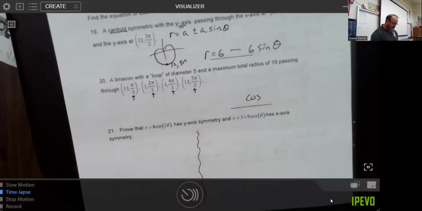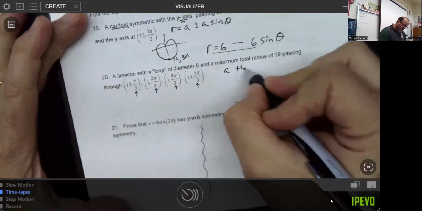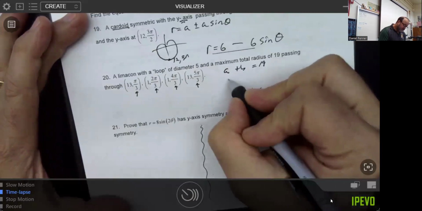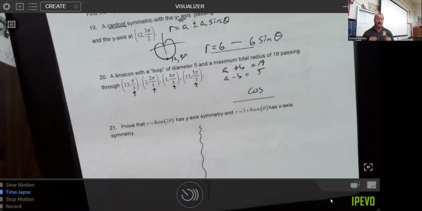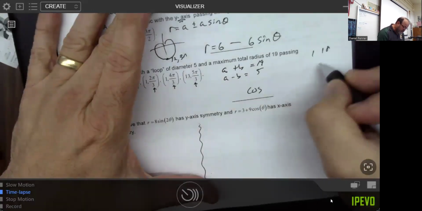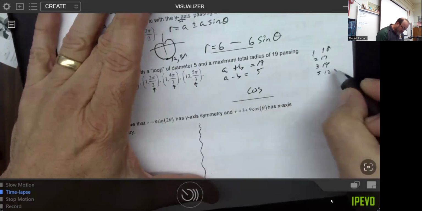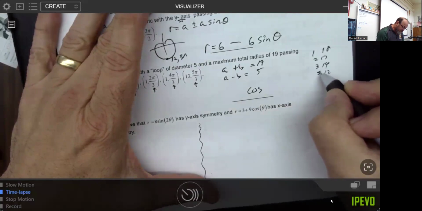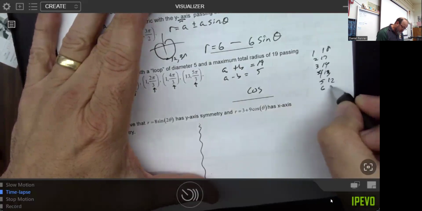Now, the second thing that I know is that somehow I have these a plus b's, and they have to be a total of 19. And the a, taking away that b value, whatever that happens to be, has to be 5. So I have to come up with two numbers that are 5 units apart that sum up to that. So if you think through numbers that add up to 19, 1 and 18, 2 and 17, 3 and 16, I messed that up. I missed 4, right? 4 and 15, 5 and 14, 6 and 13.